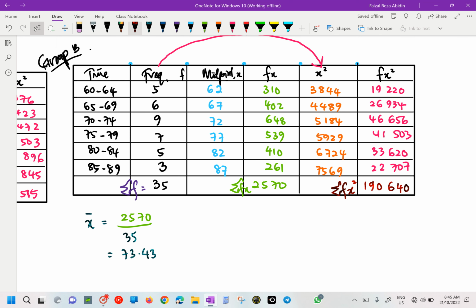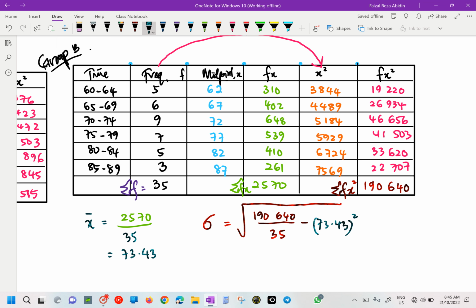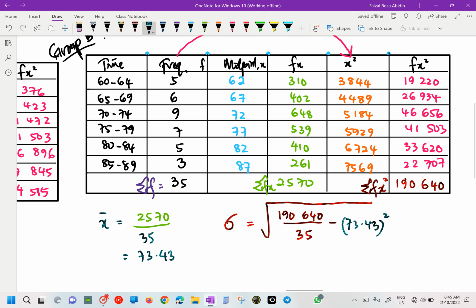So to find our standard deviation, we are going to have square root of everything here, which is 190,640 divided by our frequency, minus with our mean square, 73.43 square. The inside first.